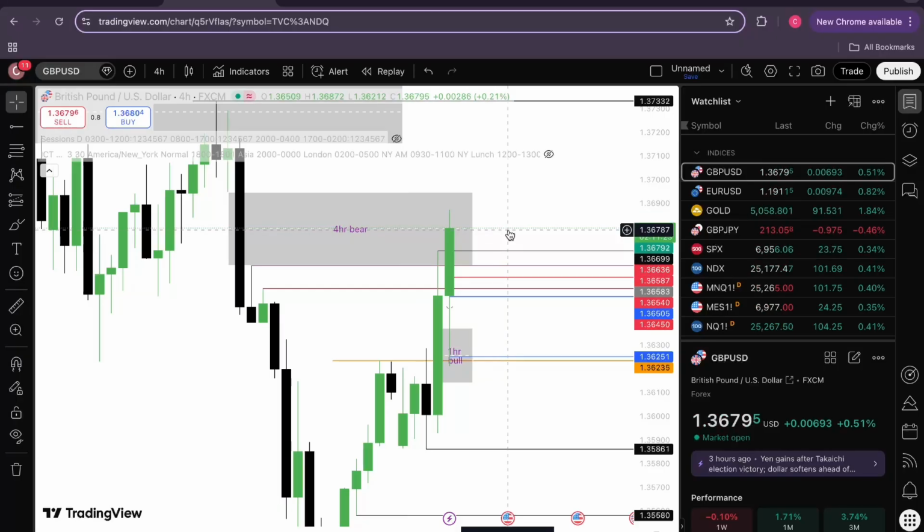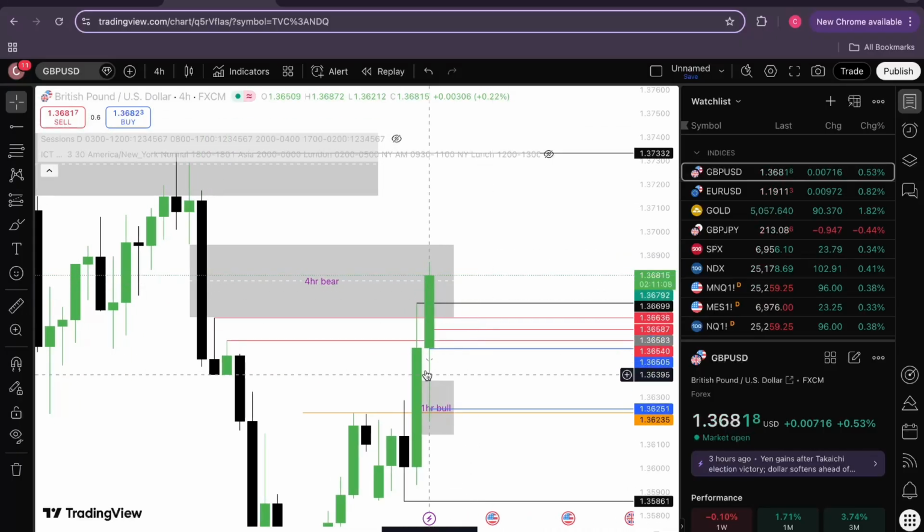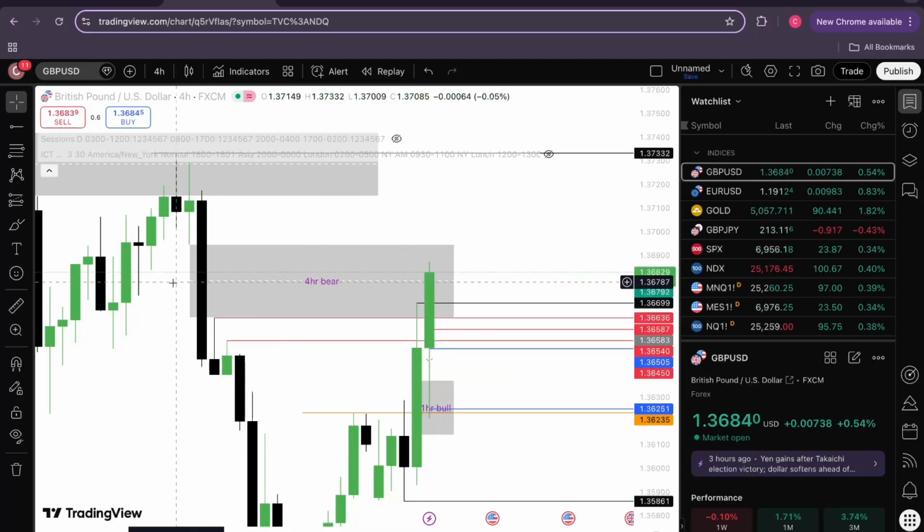Let's say it was under 1 to 1, then I might have put it at the top of the fair value gap. And even if it didn't get invalidated, I still would have got a decent risk to reward ratio there. But because of where my stop loss was set, I was still able to get a 1.5 even just by having it at that 50% mark.